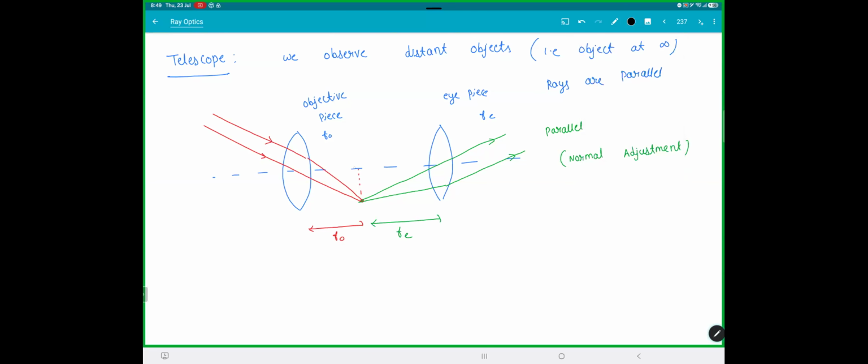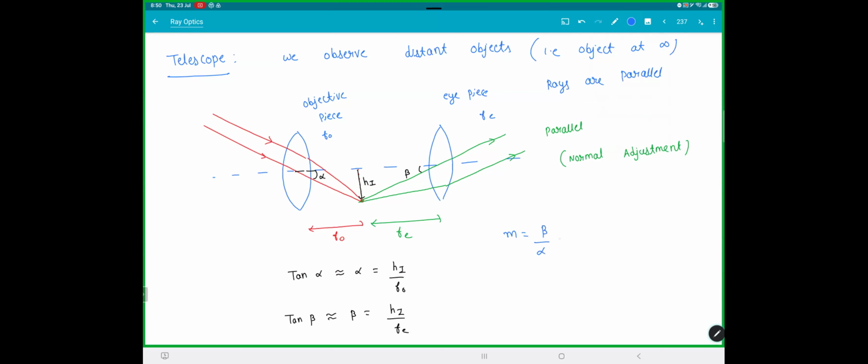And here, this is your height of the image. So here the angles are leaving at beta. Here the light rays are coming at an angle alpha. So tan alpha is approximately alpha, which is hi by f naught. Tan beta is approximately beta, which is hi by fe. So here the magnification is the angle you would have seen with the instrument over without the instrument.